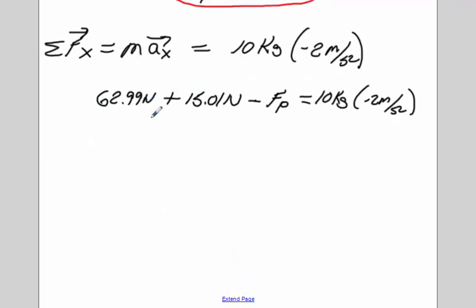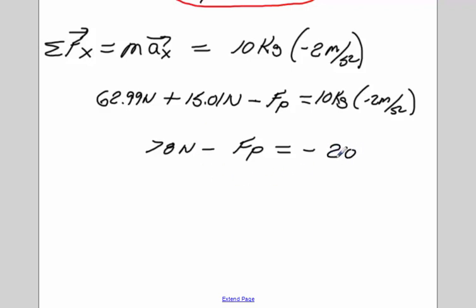I will start adding these together. 62.99 plus 15.01 gives me a value of 78 newtons. So I got 78 newtons minus F of P is equal to minus 20.